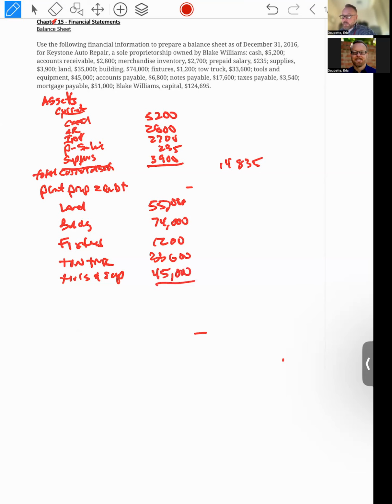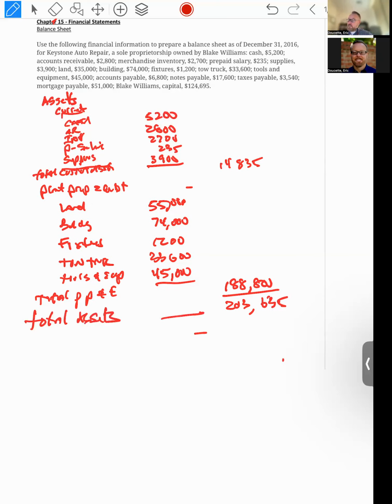So if I add all those up, that would give me my total plant, property, and equipment. PP&E is what they often call that. And that comes out to 188,800. So if I add both of these up, it comes out to 203,635. So that's how much I have in total assets: $203,635.